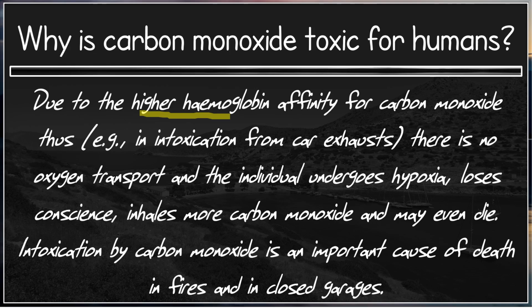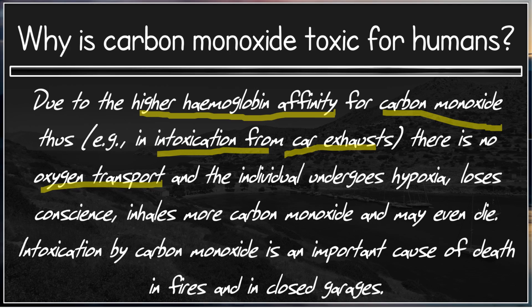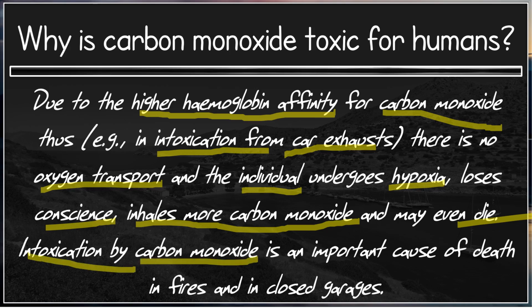Due to higher hemoglobin affinity for carbon monoxide, as in intoxication from car exhaust, there is no oxygen transport, and the individual undergoes hypoxia, loses consciousness, inhales more carbon monoxide, and may even die. Intoxication by carbon monoxide is an important cause of death in fires and closed garages.